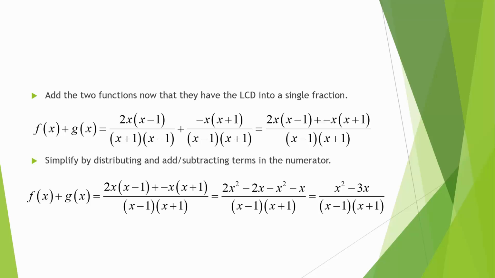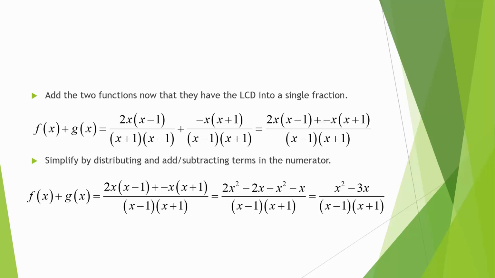Next, we have to simplify the fraction by distributing the 2x and the negative x to the binomial, and adding and subtracting the terms in the numerator to simplify. So we have to simplify 2x times x minus 1 plus negative x times x plus 1.